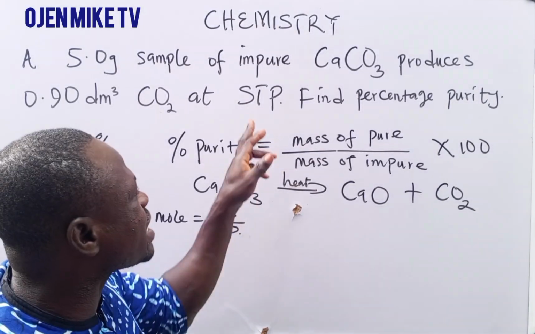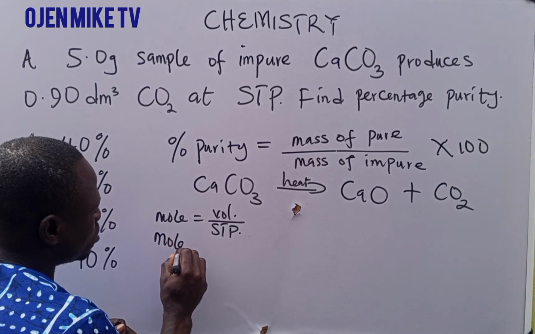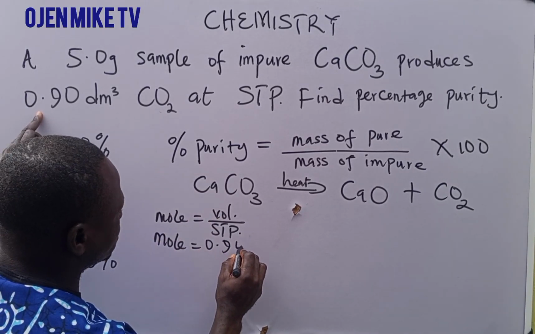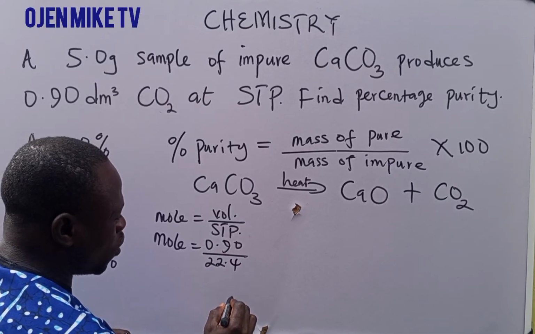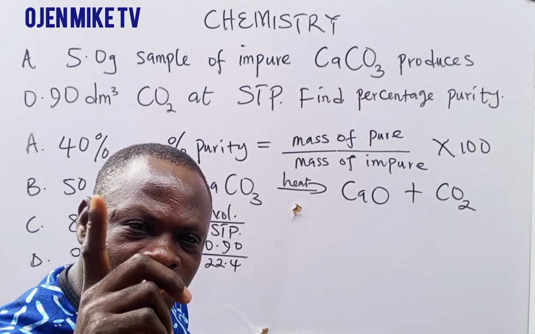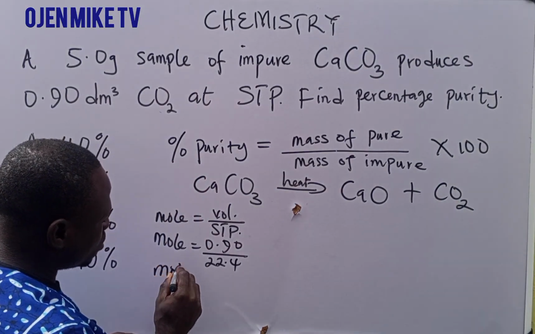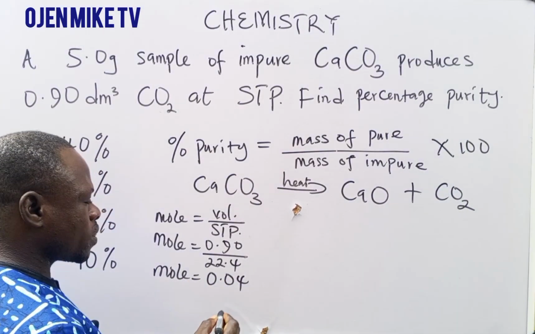STP simply means standard temperature and pressure. So mole is equal to 0.90 over 22.4, and the mole will be 0.04.